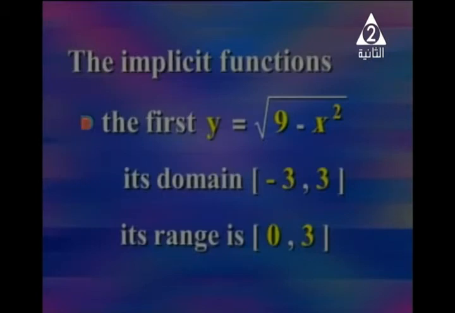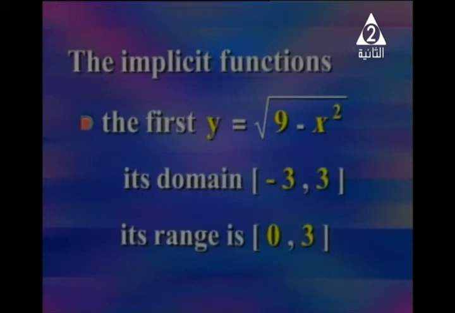In this case, y is the positive square root of 9 minus x squared. When we substitute x equals negative 3, negative 2, negative 1, and so on, the answer, or the interval, is the closed interval 0, 3.